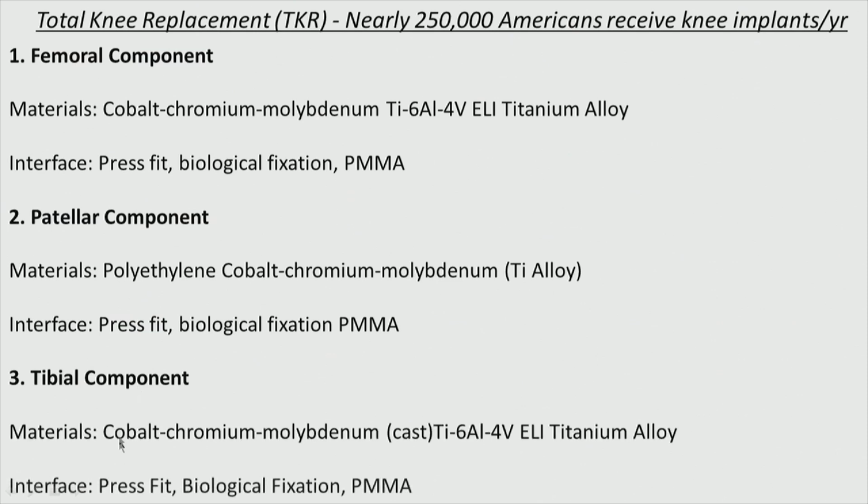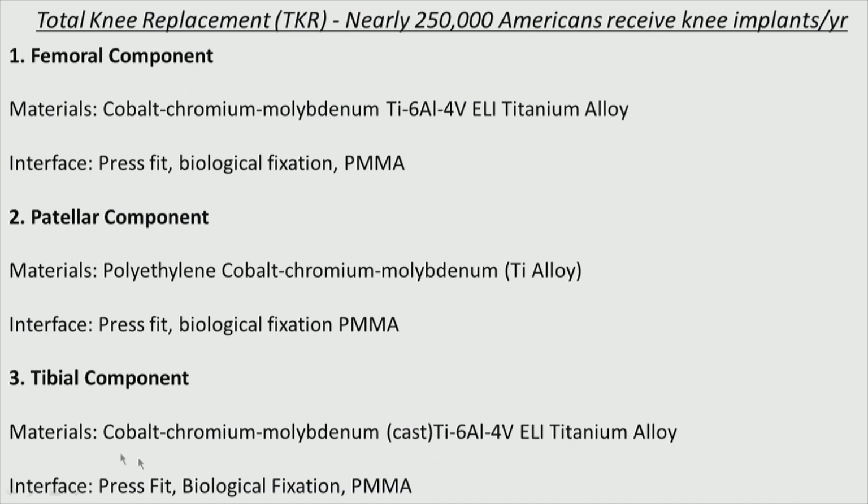Okay. So, we have materials cobalt, chromium, molybdenum, titanium alloy. Again, it is fixed using PMMA. You see. So, there are 3 components here, and you are using cobalt, chromium, molybdenum, titanium, and then in here you are using polyethylene as a coating, or interface, so that it prevents the metal on metal rubbing, it improves the wear resistance.